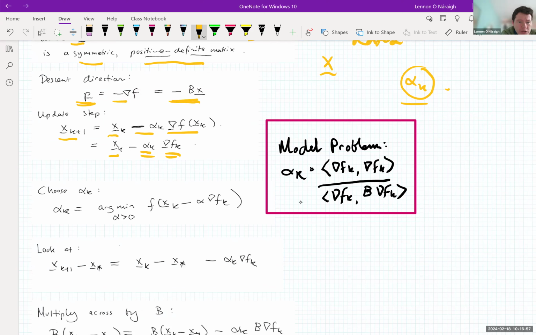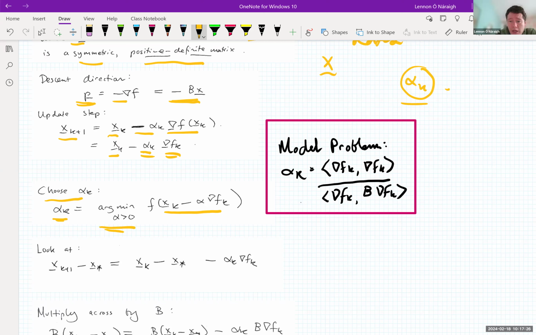So we now need to choose alpha k. Alpha k minimizes f at xk minus alpha grad f. So of all the step sizes to choose, you choose the one that minimizes f the most in going from one step to the next. And the minimizer is taken over alpha positive because the direction is already fixed as minus grad f.